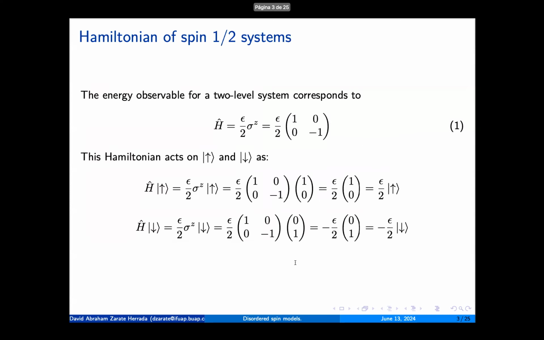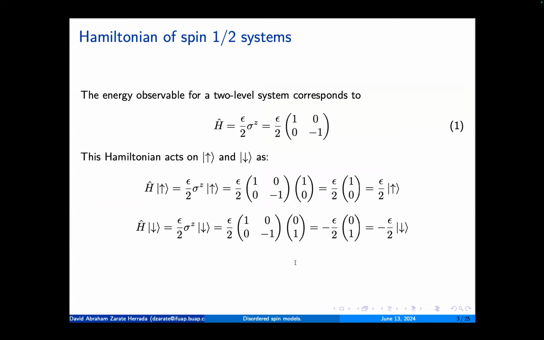Okay. Well, the Hamiltonian for this two-level system can be written like this: epsilon over 2 times sigma zeta, where sigma zeta is the Pauli matrix in the zeta direction.